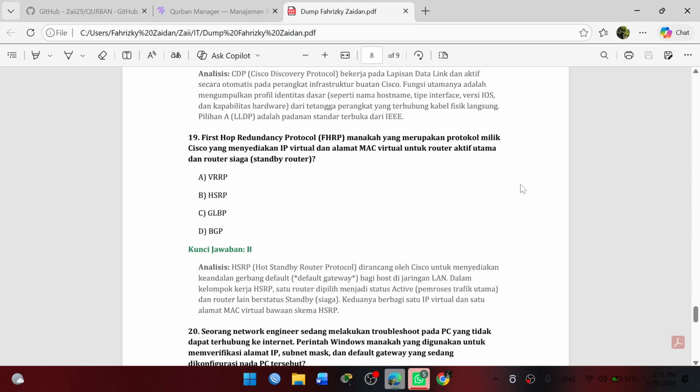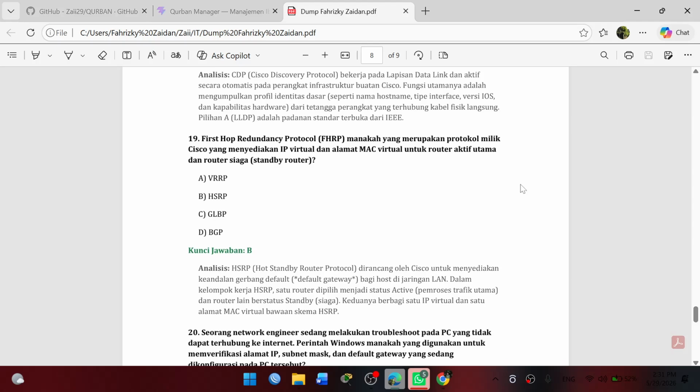And 19. Which first hop redundancy protocol, or FHRP, is a Cisco proprietary protocol that provides a virtual IP and virtual MAC address for an active and a standby router? And the correct answer is B, HSRP, or Hot Standby Router Protocol.